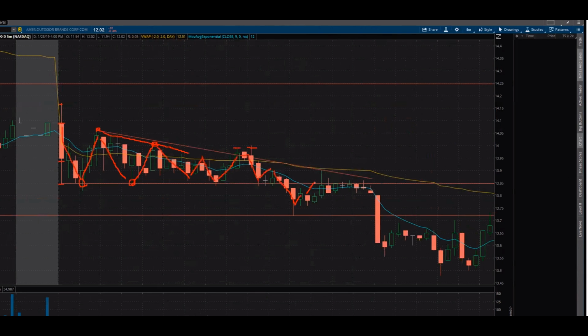And people even target this last little scoop up, and it immediately gets wiped out. You get this hard move. Why? Because sellers jump in and buyers give up right here. They're done. They're done because they wanted to get out here. They got stuck. As soon as it bounces up, they're getting out.